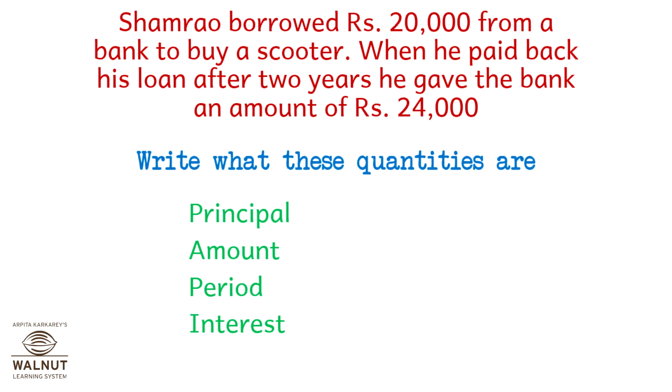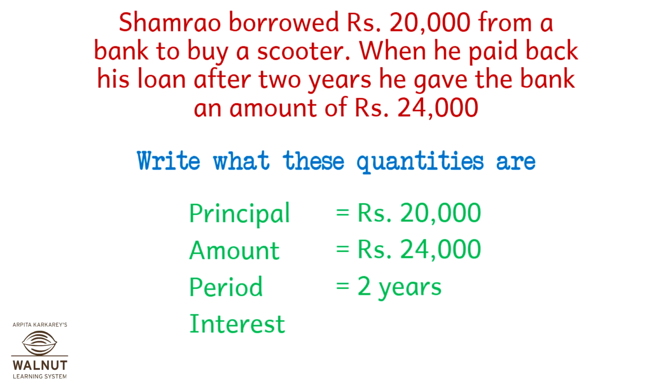We know that principal P is rupees 20,000 because Shamrao borrowed rupees 20,000 from a bank. The amount he paid back, A, is rupees 24,000 because it's given that after 2 years he gave the bank an amount of rupees 24,000.